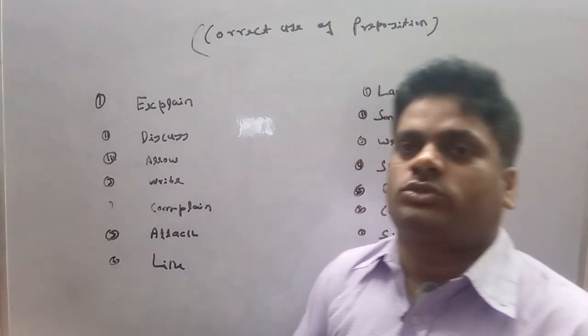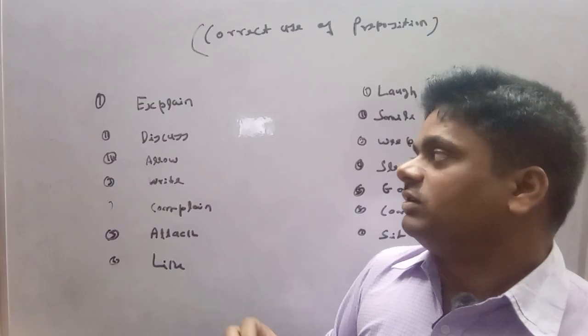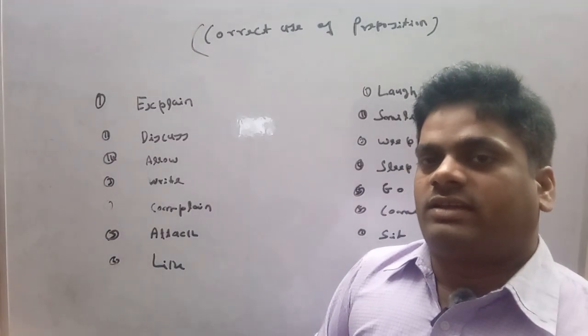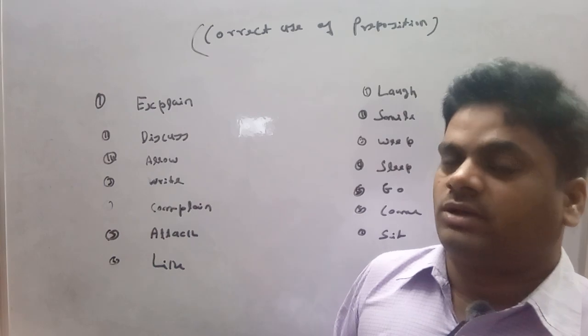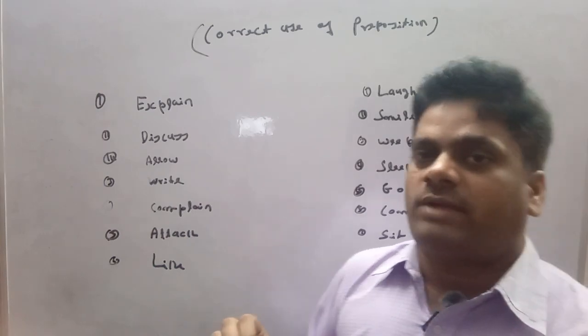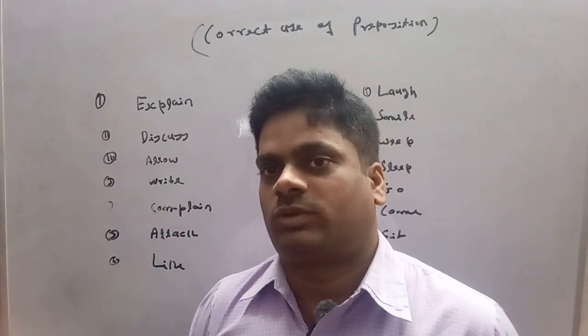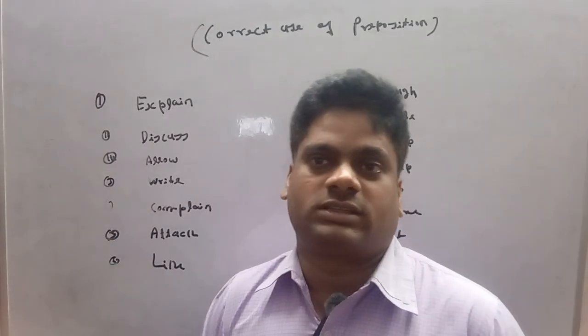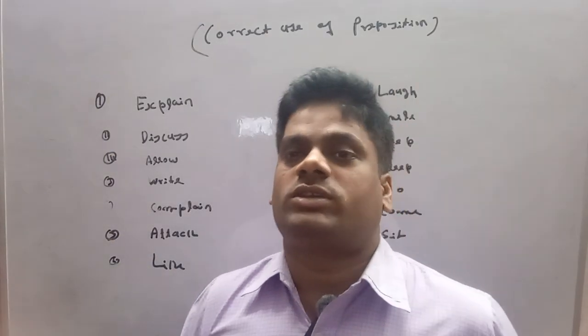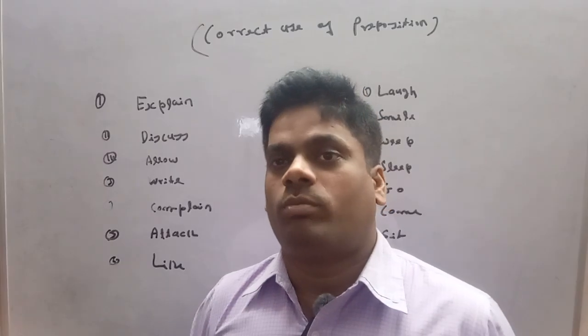So guys, I would like to tell you the simplest way where you can identify whether the verb used in a sentence is a transitive verb or an intransitive verb. You would have to ask only one question from the verb used in a sentence, and this question is what, whom.